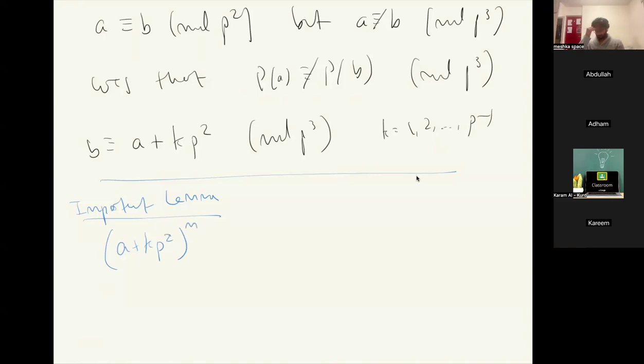So what will happen when we expand this? We'll get A to the M, and M choose 1, which is just M, so we'll get M times A to the M minus 1 times KP squared. Everything else will vanish mod P cubed, because all of it will be divisible by P to the 4th, so it's just 0 mod P cubed.